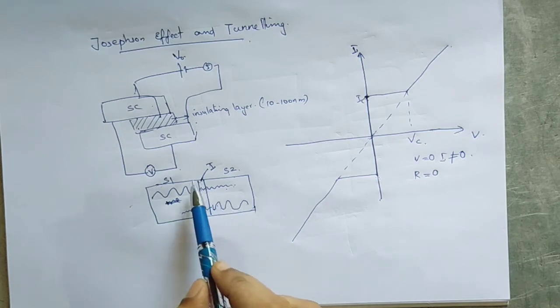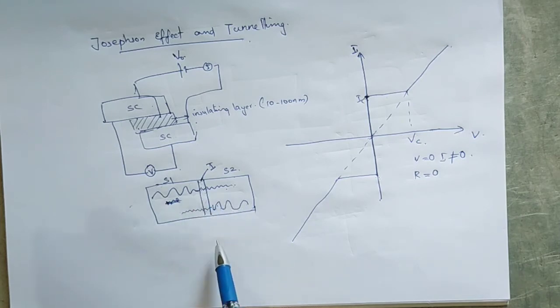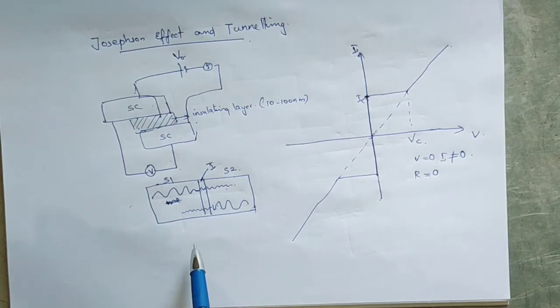So obviously we will get current across the junction without applying the voltage. That is the DC Josephson effect. According to the DC Josephson effect, a DC current flows across the junction even when no voltage is applied across it.